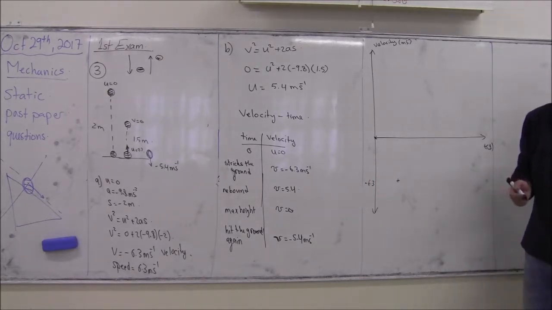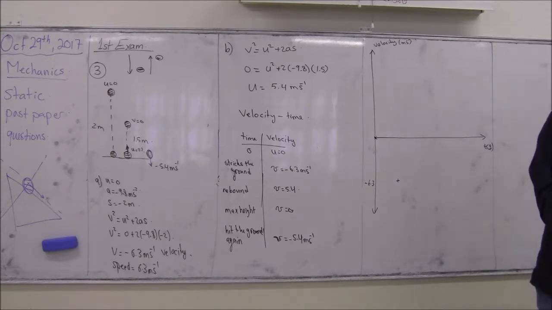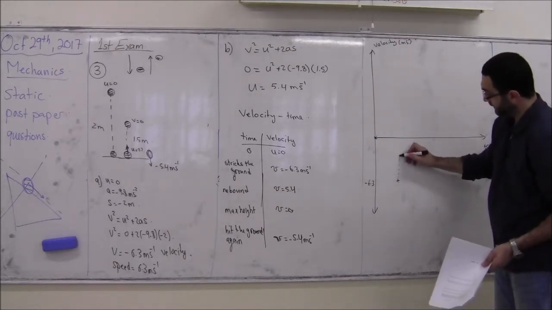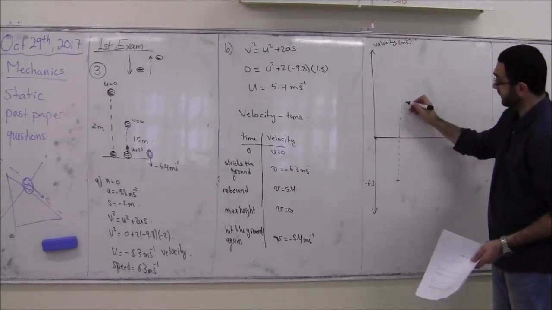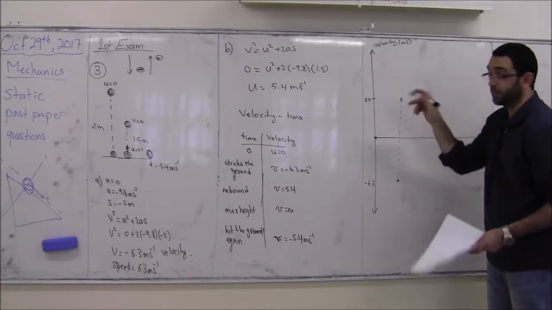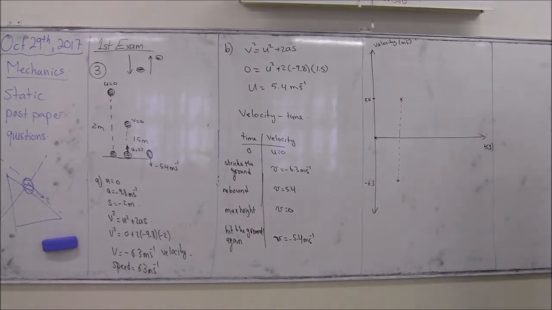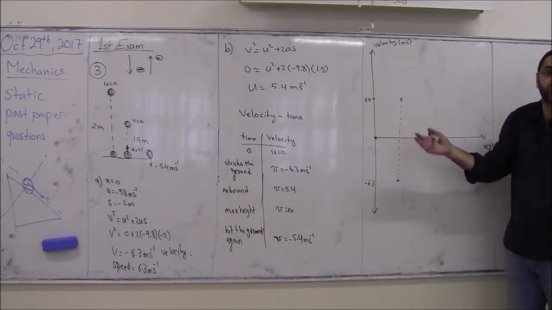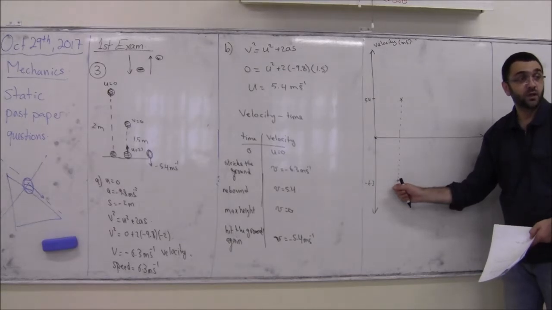Immediately after striking the ground, it will rebound, at the same moment. How much did it become here? 5.4. I'm just plotting the velocities I have at each moment. Initially it starts at 0, then after a certain time it strikes the ground.